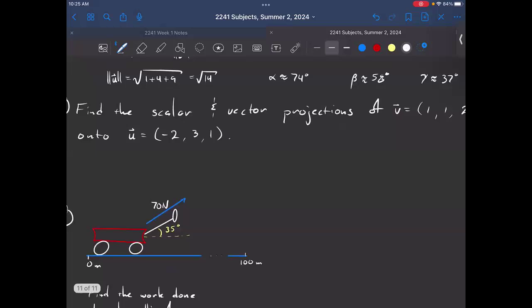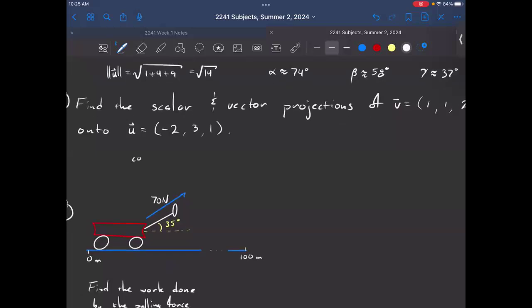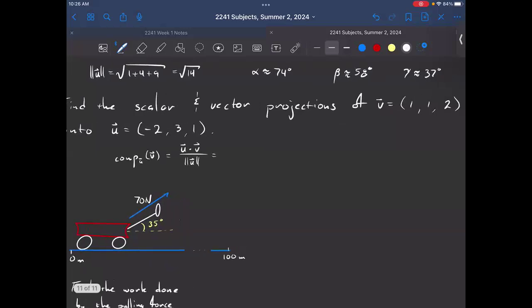So again, we just have some formulas here and we'll write them out. The scalar projection of v onto u is given by the dot product of the two, divided by the norm of the one you're projecting onto. So here we've got, let's see, minus 2, 3, 1 dotted with 1, 1, 2.